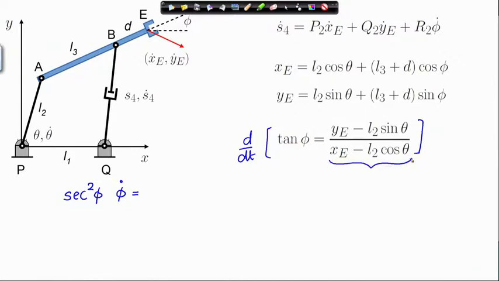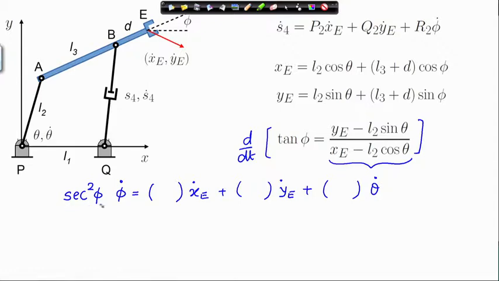If you think a little bit, it will be absolutely clear that the time derivative of this ratio can be expressed in the form something times x e dot plus something times y e dot plus something times theta dot. This time derivative is straightforward, but there will be a little bit of algebra in this.